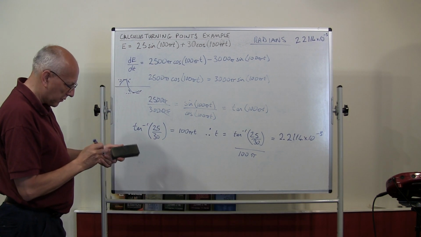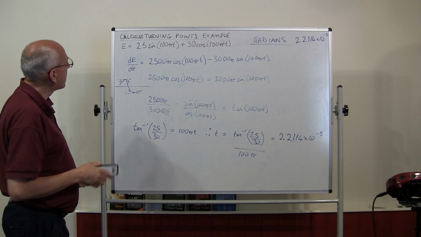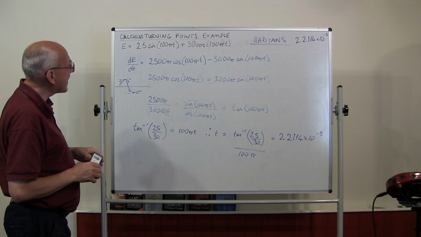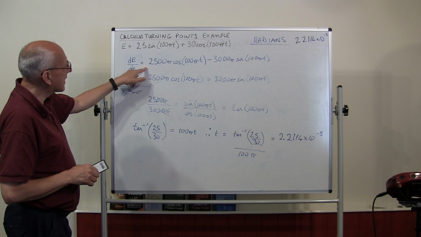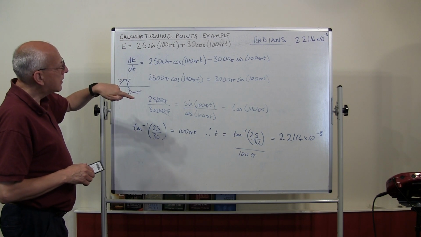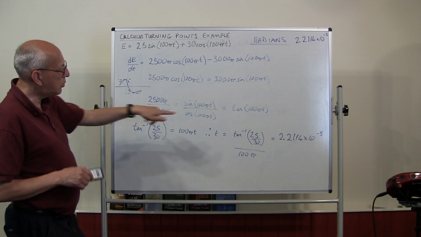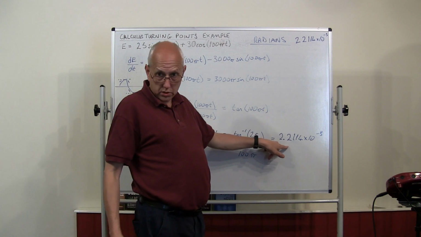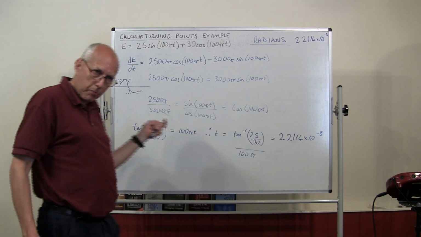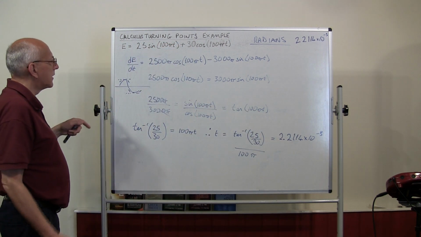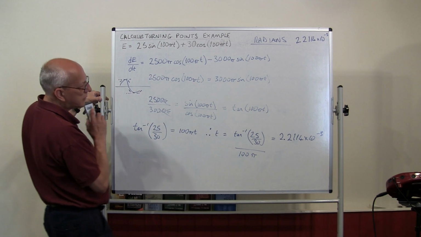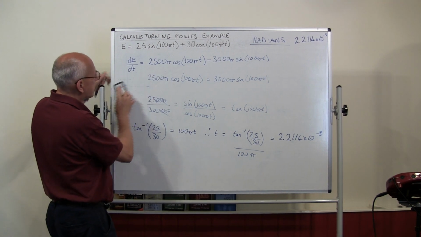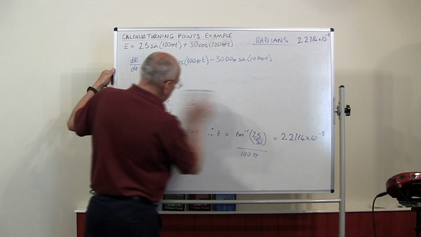And the other way, of course, that you're probably all aware of is to differentiate again. So if I differentiate this again and then put my value of this into the formula and see if I get a positive value or a negative value. So I'm going to rub this lot off to make space for myself.